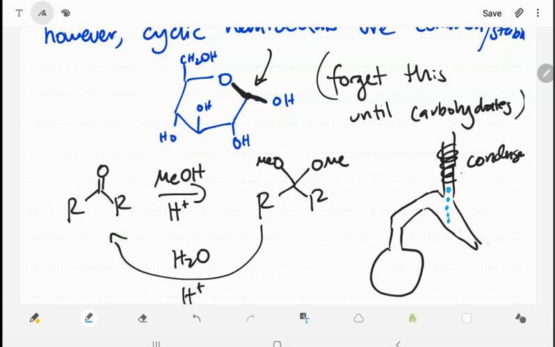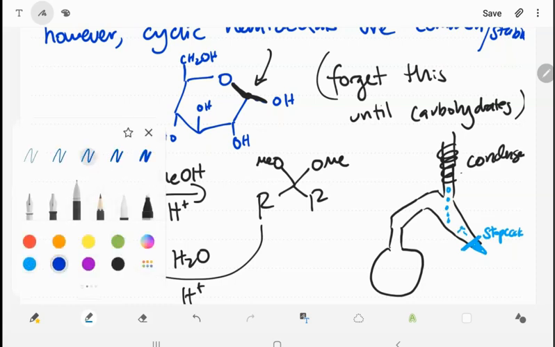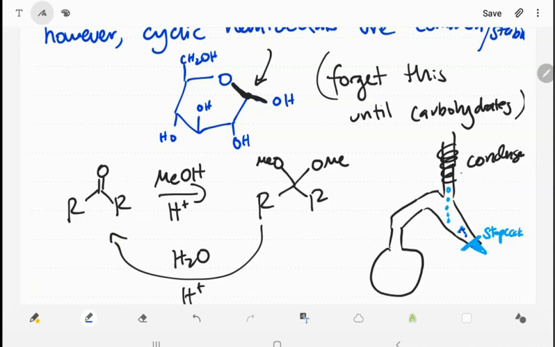This has a stopcock here, like a burette, so we can open this as we need to. As it condenses, it fills up this portion. I'm going to use dark blue. And eventually it'll start spilling back into your reaction.